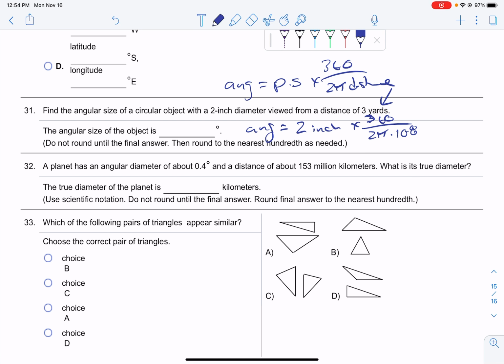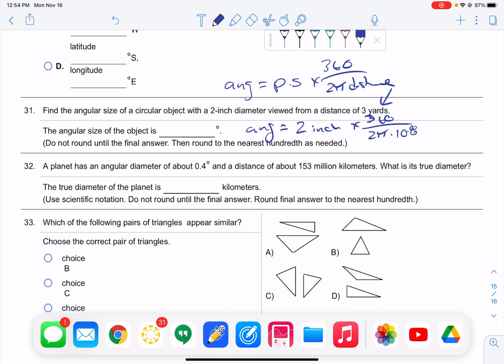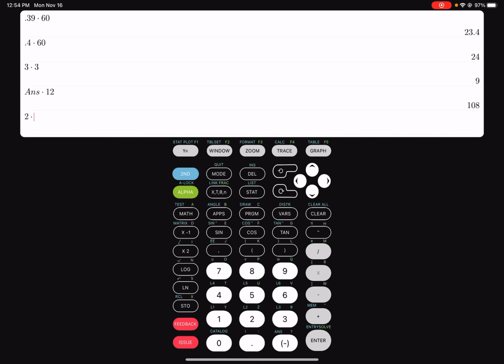So 2 times 360 divided by 2 times pi times 108. We better make sure that we put parentheses around the denominator too.